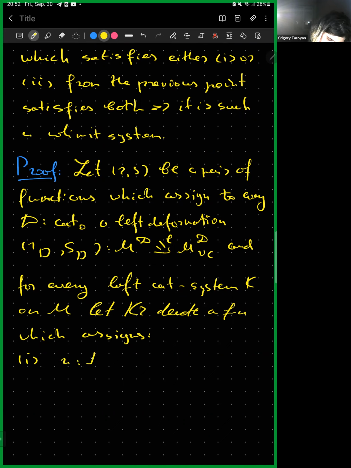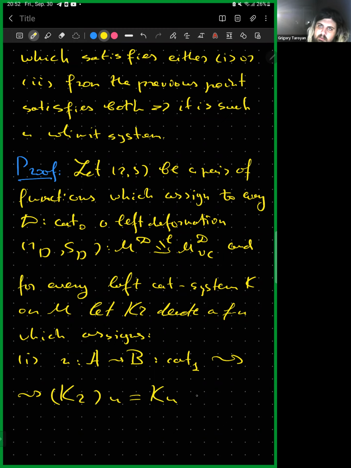So if we have a functor U between small categories, then it should assign the functor KR U, which is equal to K U R_A, and it is a functor from this category of diagrams to this category of diagrams.